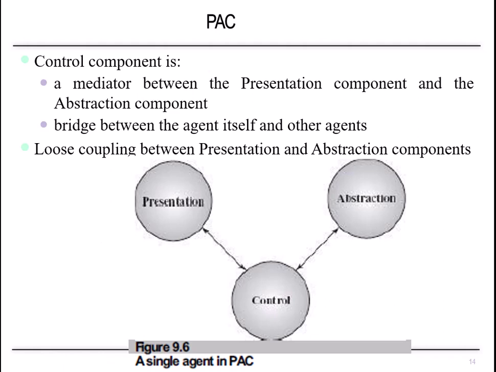There is a loose coupling between presentation and abstraction. Obviously, we are talking about interaction architectures, and this is the beauty of interaction architectures, that there will be reduced or less coupling.